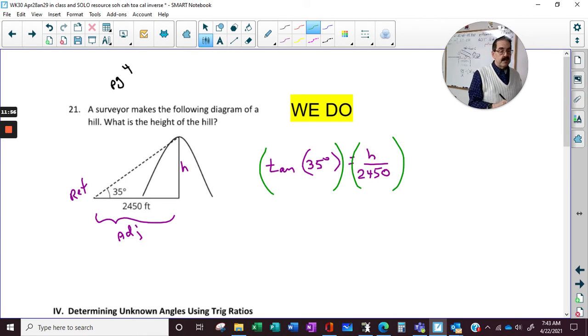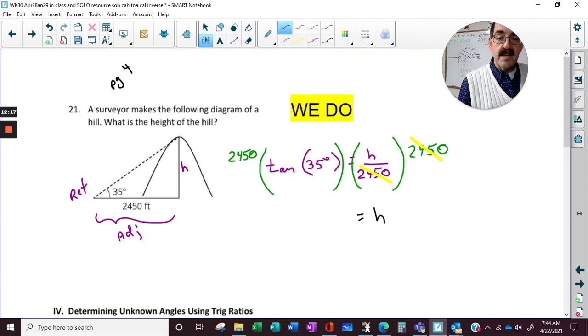What's the opposite of divide? Multiply. Okay, well, we win. 2450 divided by 2450. Anything divided by itself is 1. Leaving us with the height is nothing more than the 2450 times the tangent of 35 degrees.